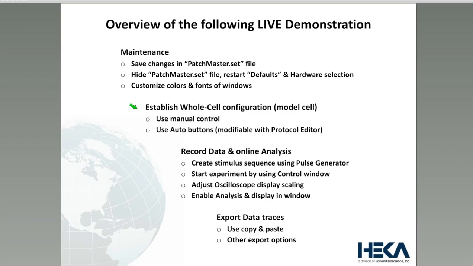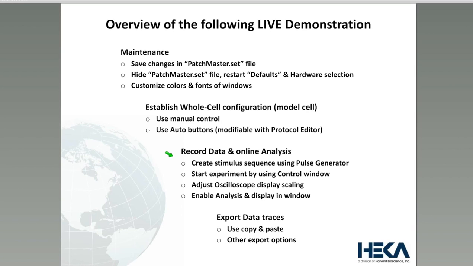Then we will establish a hoster configuration using the manual control of the amplifier, and then I will use right afterwards the auto buttons and show you how to also use the protocol editor to basically fine-tune the approach. That will be followed by sample recording of using, of course, the model cell in this case.